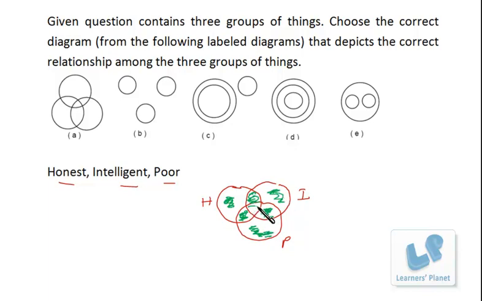Similarly, the central area represents the persons who are honest, intelligent, and poor, all of them, that is, they carry all the qualities of being honest, intelligent, as well as poor. So this is the true representation of these three groups of things. I hope you are clear.